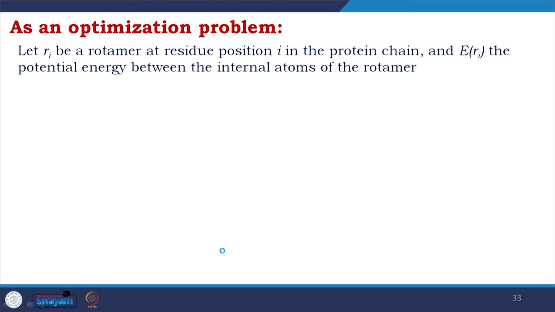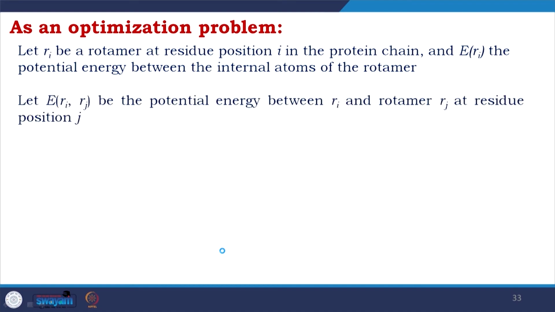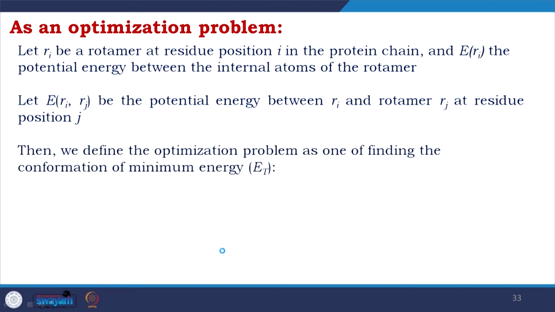If you consider Ri to be a rotamer at the residue position i in the protein chain, and E(Ri) the potential energy between the internal atoms of the rotamer, let E(Ri, Rj) be the potential energy between Ri and rotamer Rj at residue position j. Then we define the optimization problem as one of finding the conformation of minimum energy, E_t equal to the summation of E_i(Ri) plus the summation over i not equal to j of E_ij(Ri, Rj).